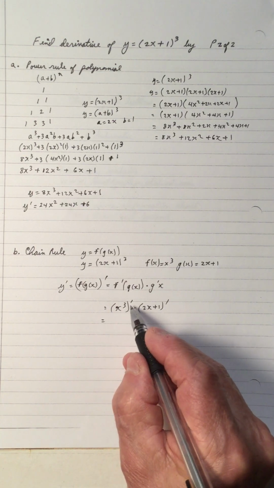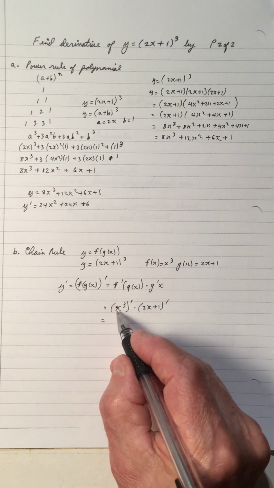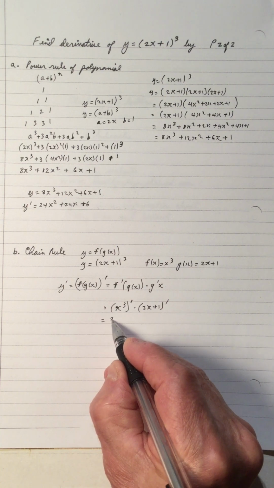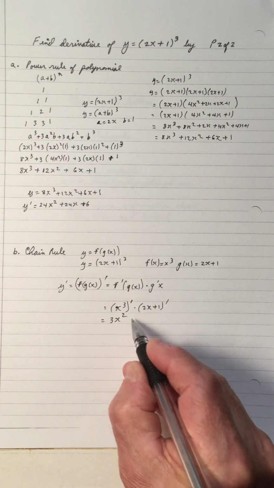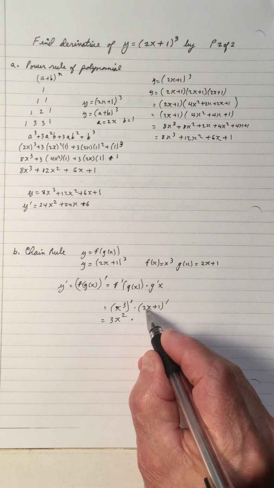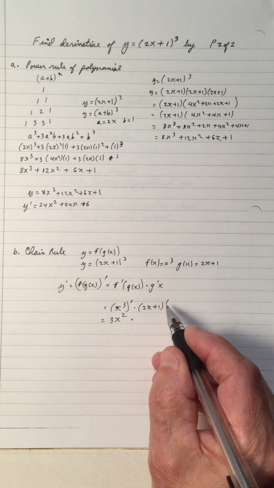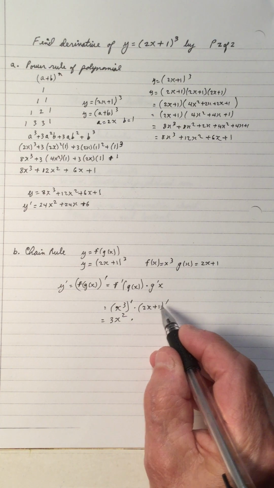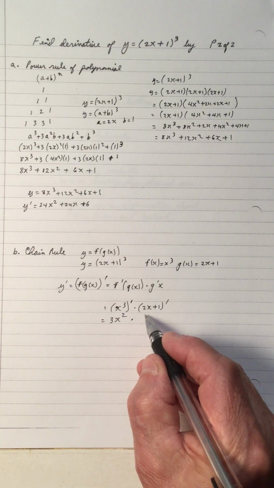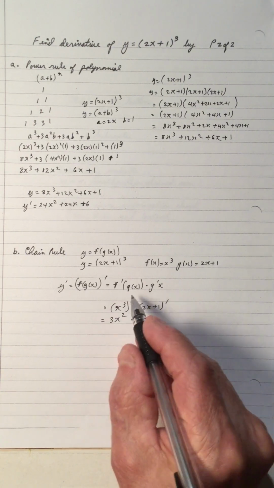So the derivative here, this is the f prime of x, and that gives us 3x squared, and the derivative of 2x plus 1.